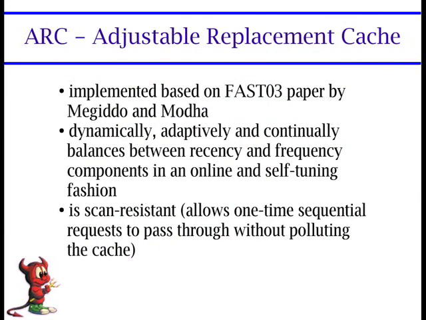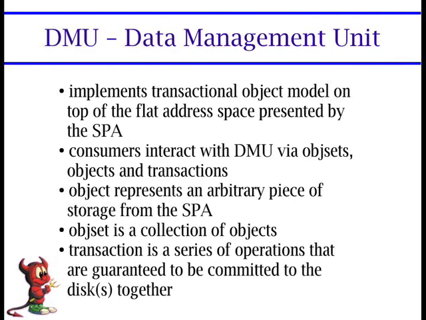And another nice thing about the ARC cache is that it's scan resistant. It won't flush your cache if you perform a one-time scan, for example. Okay, DMU is the layer responsible for all the transactional model in ZFS. So here you can gather some of the IO requests and commit them as one transaction.